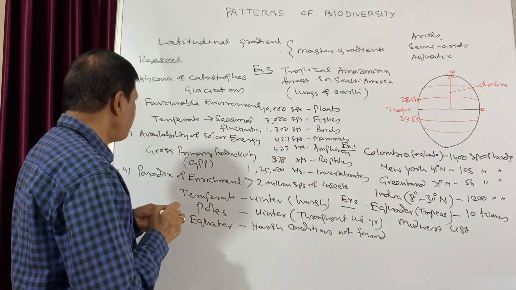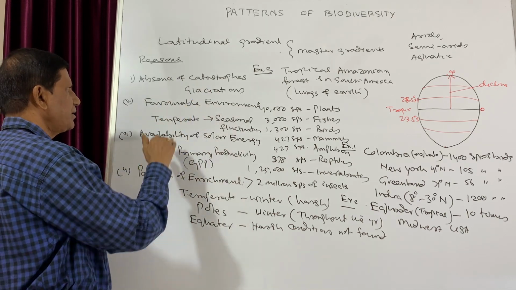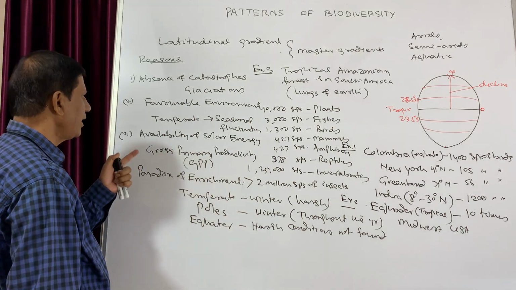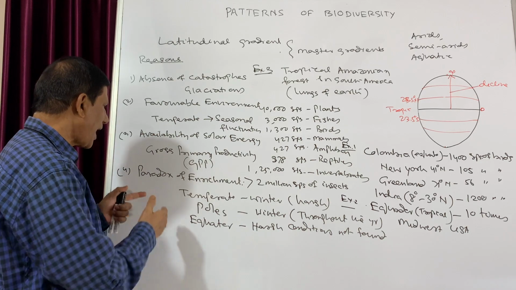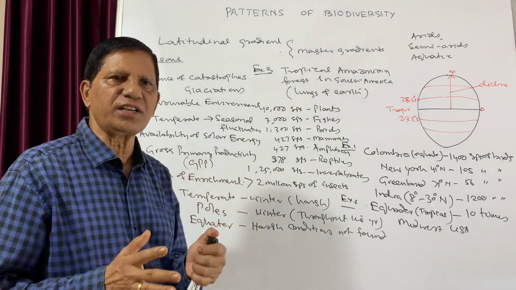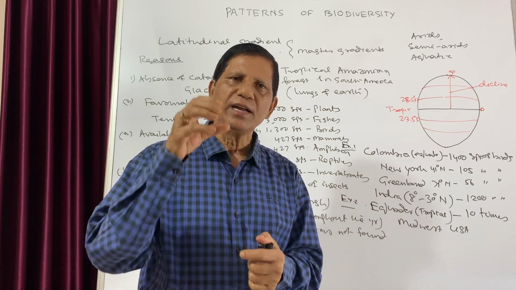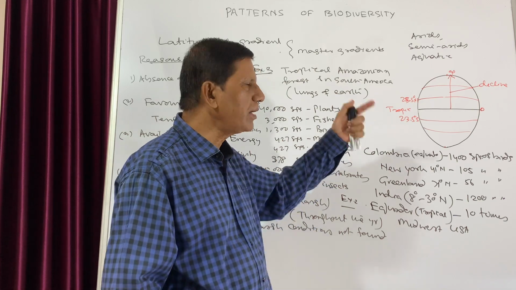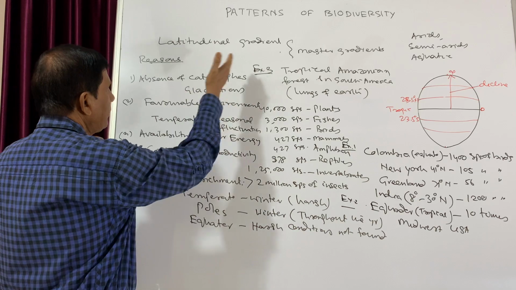So these are the four reasons: absence of catastrophes like glaciations, favorable environment, that is no seasonal fluctuation in the tropics, availability of more solar energy in the tropical area, and no harsh conditions in the equatorial area. That is why the biological diversity in the tropical area is far more than that of the temperate and polar regions. So this is about the latitudinal gradient.